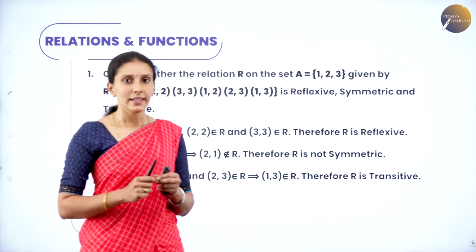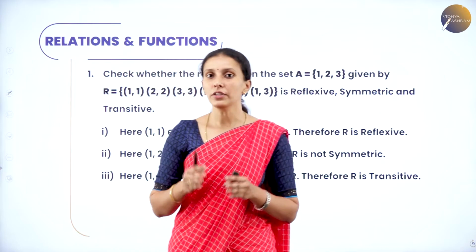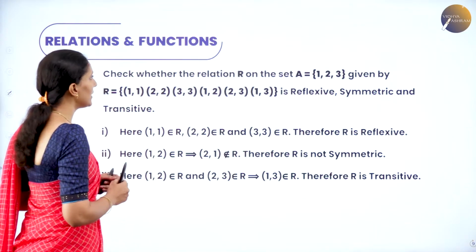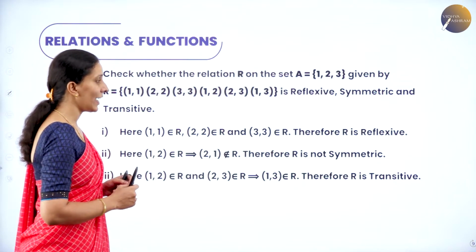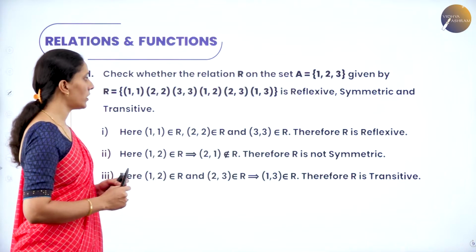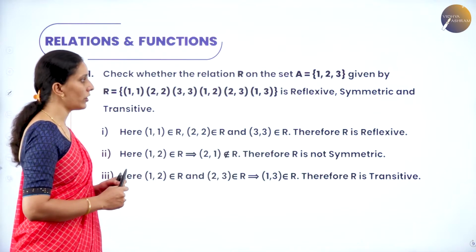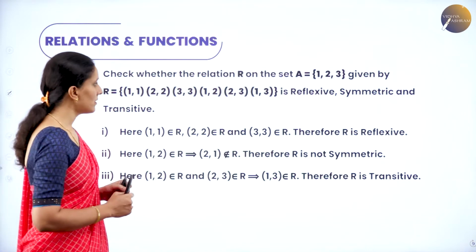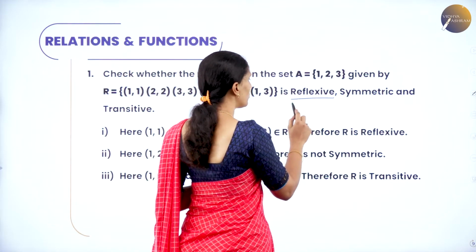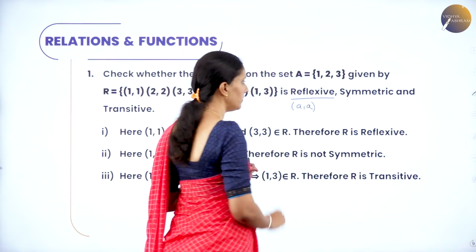Now let us take a few problems related to the types of relation. So here we have a question. Check whether the relation R on the set A = {1, 2, 3} given by {(1, 1), (2, 2), (3, 3), (1, 2), (2, 3), (1, 3)} is reflexive, symmetric and transitive. For reflexive, the element should be in the form (a, a).